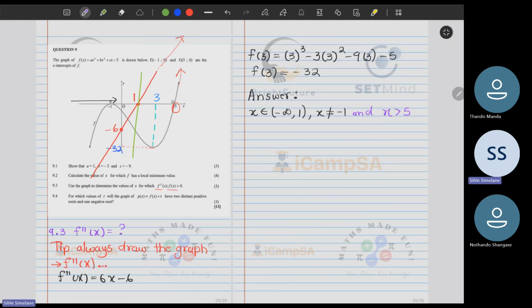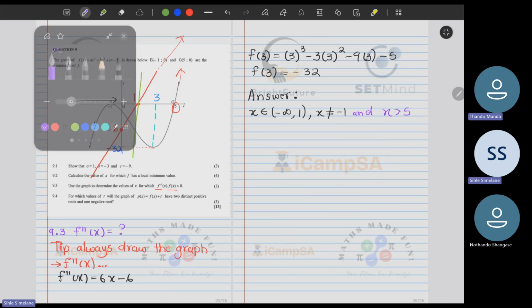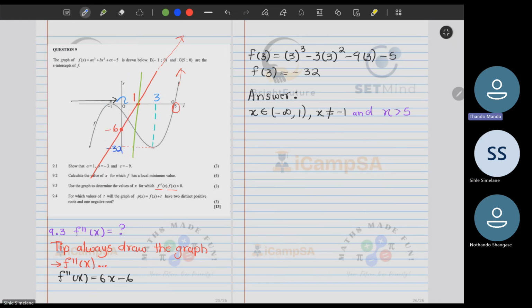So I hope that you guys actually understand. Sir, why do we have a restriction of x is not equal to -1? It is because at -1, the other graph has a value of 0. So you'll have 0 times some value, and it won't meet this condition, because this condition is saying greater than 0. It's not included. 0 is not included.